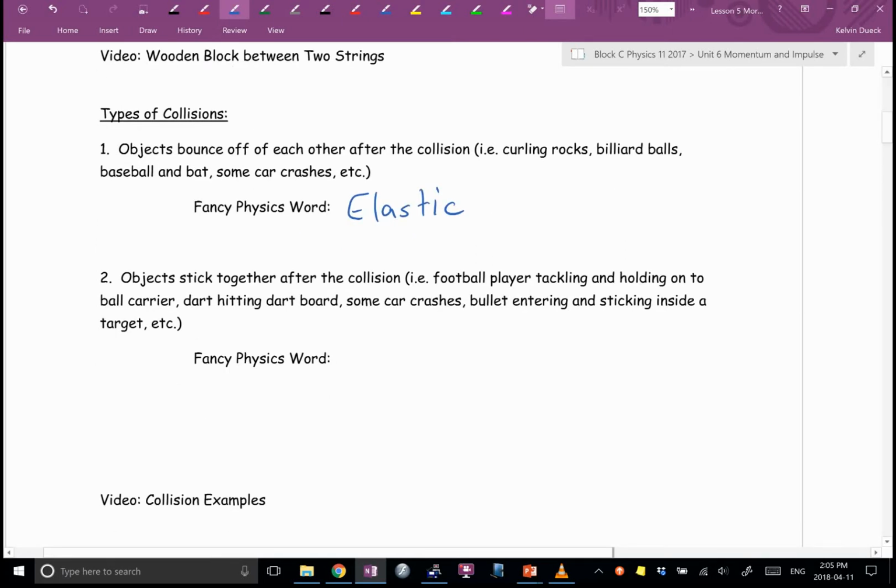For example, a football player tackling and holding on to the ball carrier. A dart hitting a dartboard. Some car crashes. A bullet entering and sticking inside the target without going all the way through. We have a fancy word for that. Call it inelastic. Not elastic.